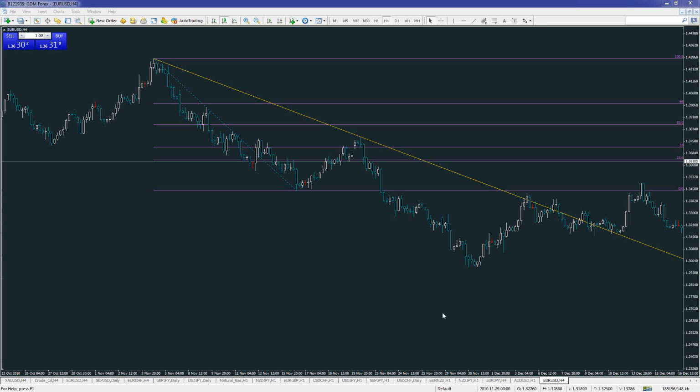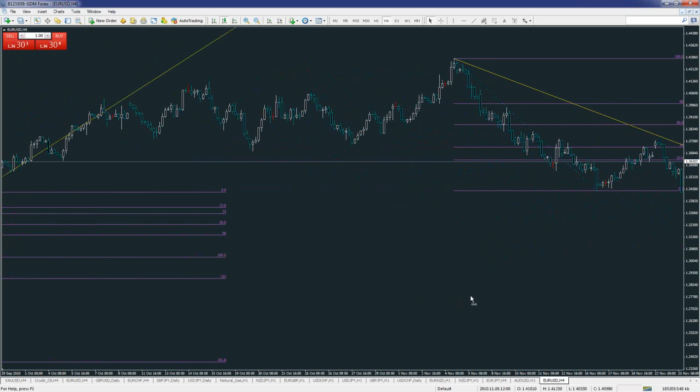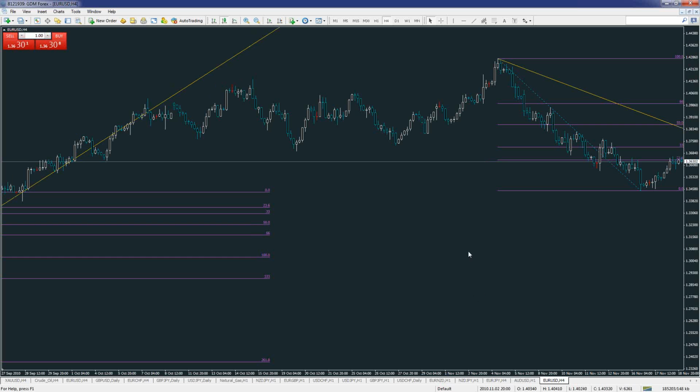Now let's identify those types of trends by using the same types of tools that we've been using so far, by trying to measure between which prices this trend is staying.